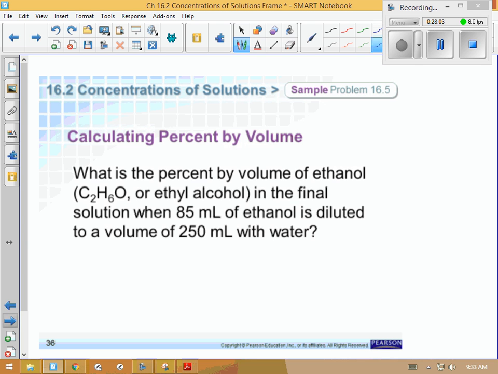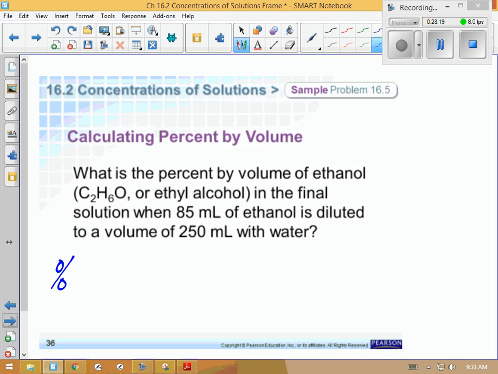Okay? What is the percent volume of ethanol in the final solution when 85 milliliters of ethanol is diluted to a volume of 250 milliliters with water? And that's pretty simple.